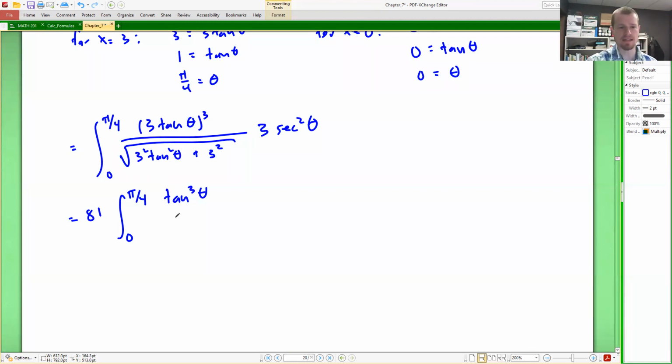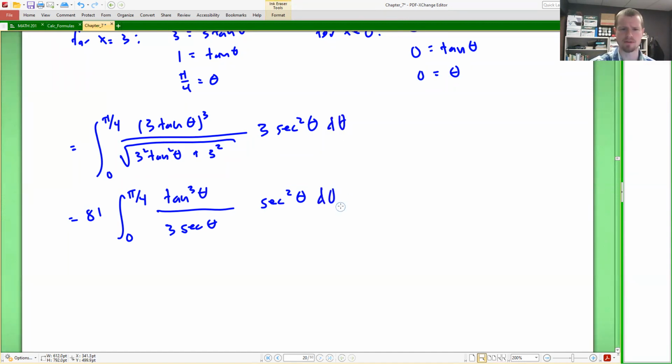So this is divided by 3 secant theta, and this is 3 secant squared theta. So that looks pretty good. Sorry, I pulled this 3 out. I forgot the d theta over here. d theta. There we go. That looks a little bit better.